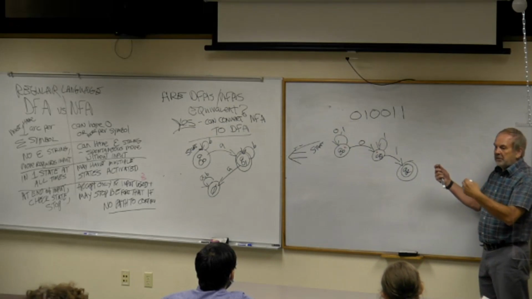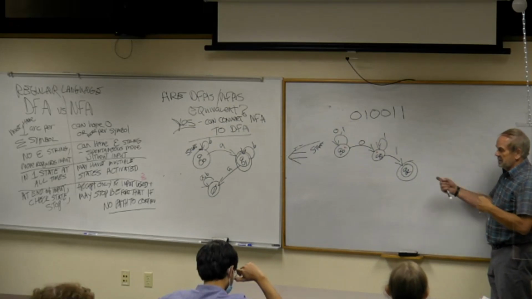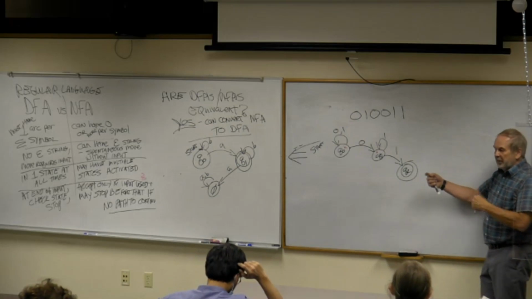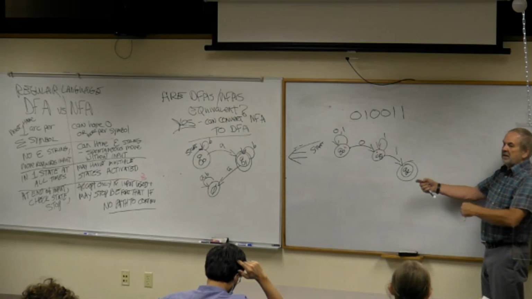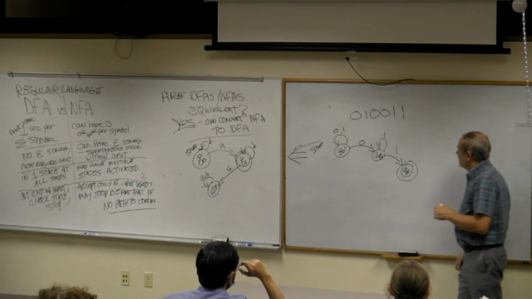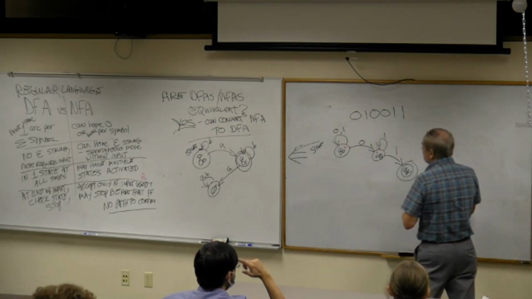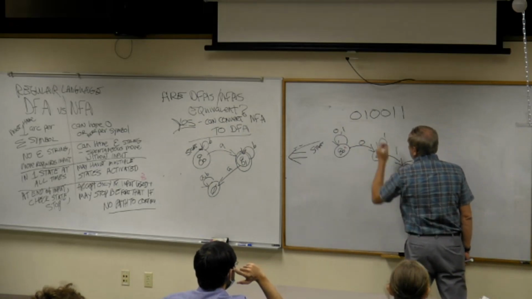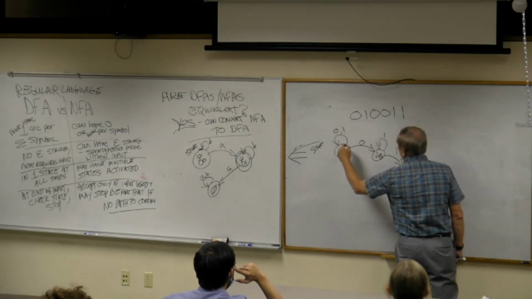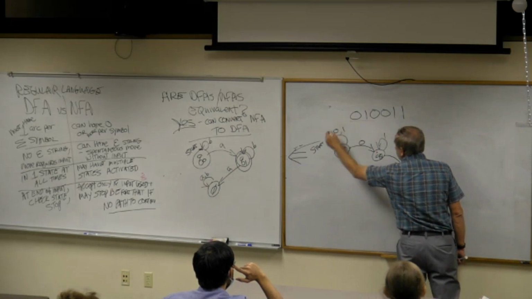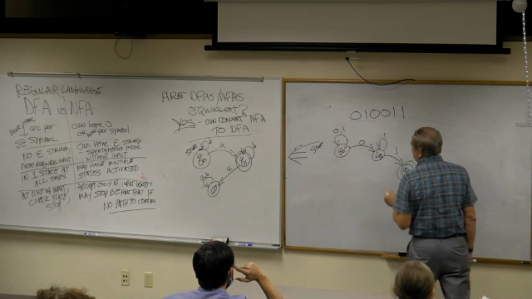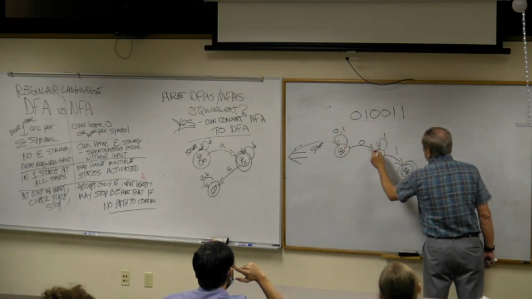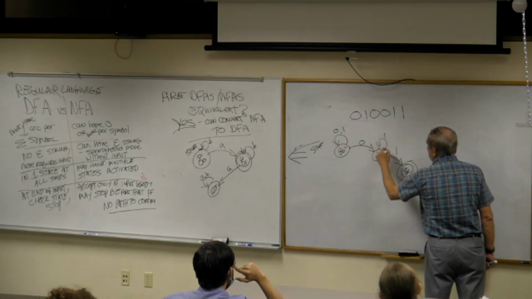So we then see the 1. On the 1, it can loop back and this stays active. And on the 1, it can loop back on itself, keep that active, and it can activate this. So by the time it gets to the second symbol, it can have 3 states that it could possibly be in at the same time.